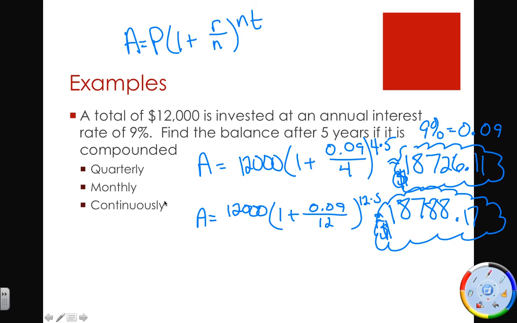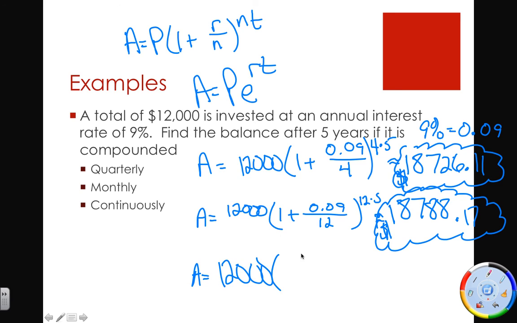But let's do the continuous compounding. So A equals P times e to the rt power. So A equals, we still have 12,000. Let's see if this gets me any more money, compounded continuously. You might be thinking that it does, but you don't know until you do it, right? 12,000 times e to the 0.09 times 5.